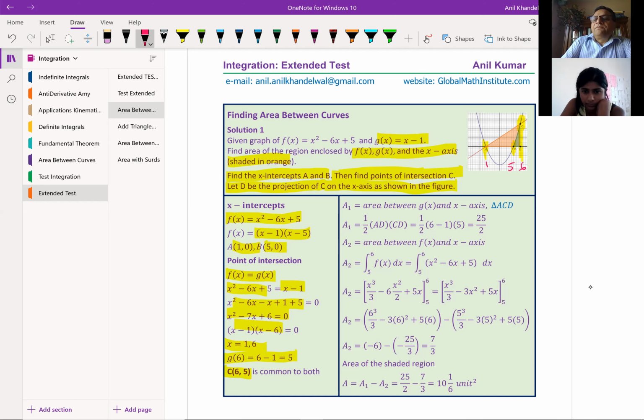Clearly base is between 5 and 6, which is 6 minus 5. And the height is y value of C, correct? Since the C is 6, 5, height is 5. So we know that particular height here is 5. So you multiply that and you get the area of the triangle, which is 25 by 2.